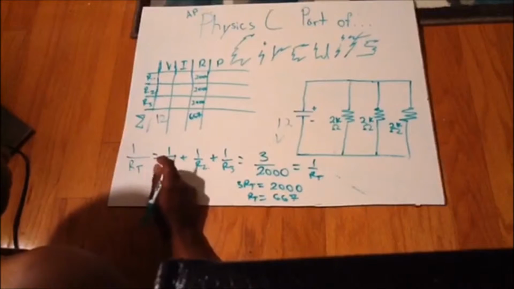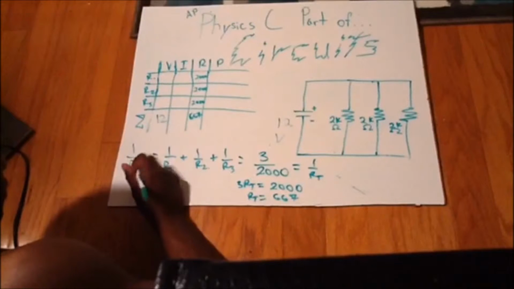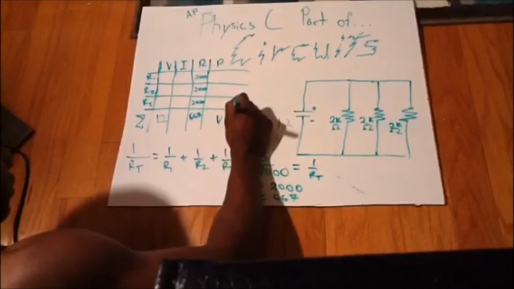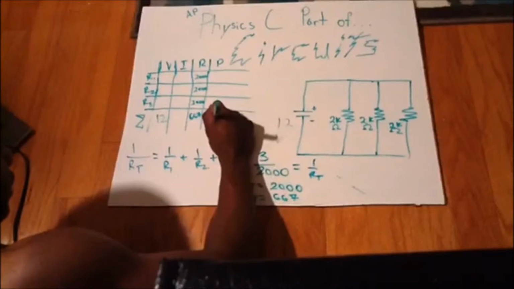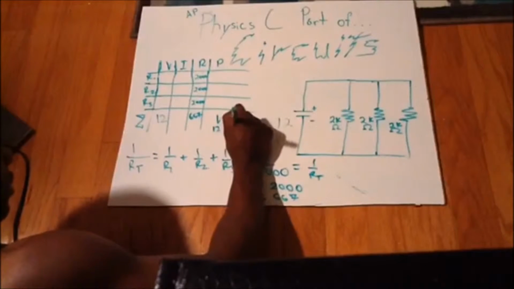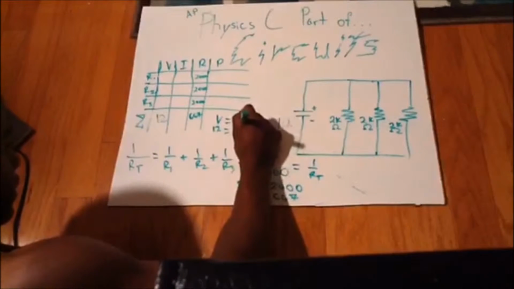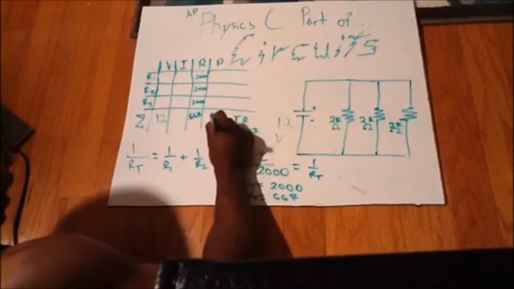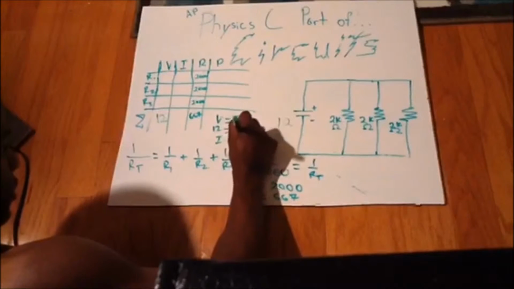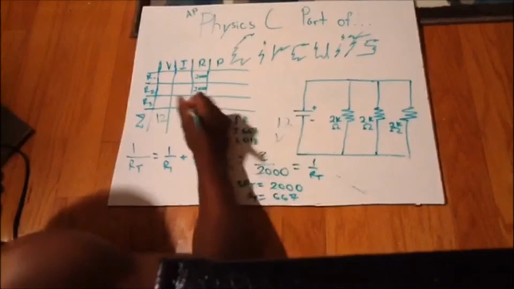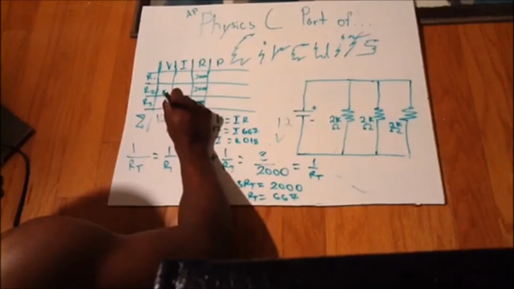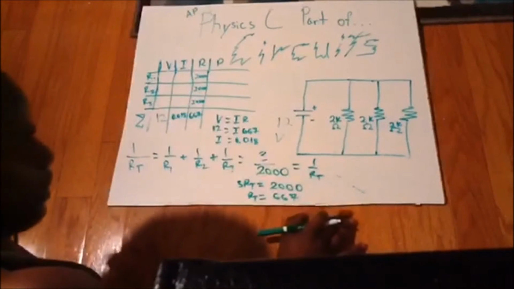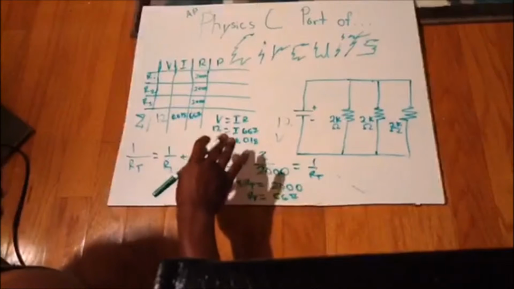So we do the formula V equals IR. We plug in 12 and we plug in 667, and we get I equal to 0.018. And we put that there, 0.018. And since this is a parallel circuit, the current is not the same throughout.